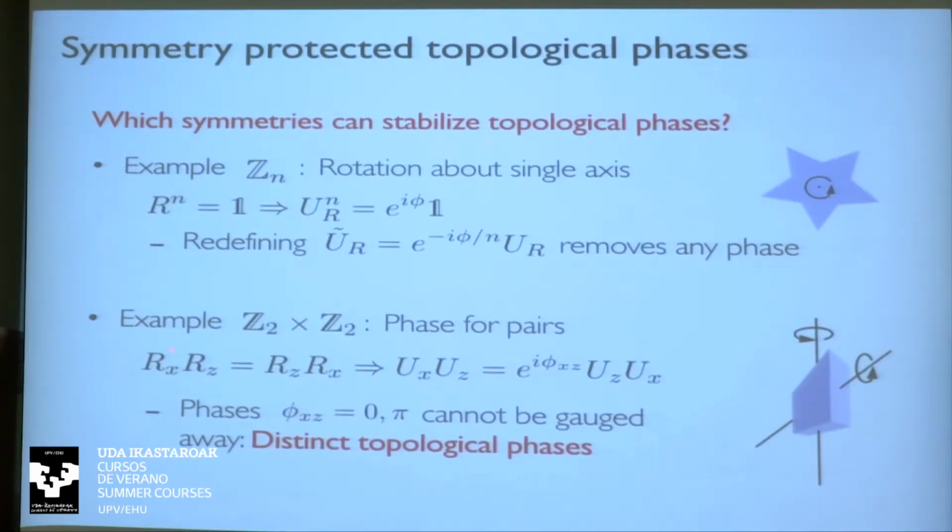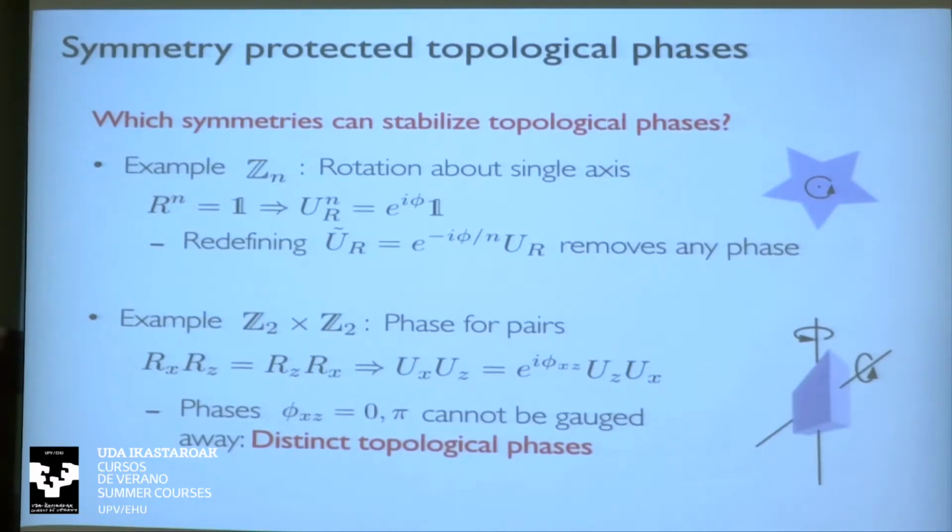We know that Rx squared is equal to the identity, and also Rz squared is equal to the identity. So we can use that to fix the phase factors of Ux and Uz, the representations of the two generators of this group.